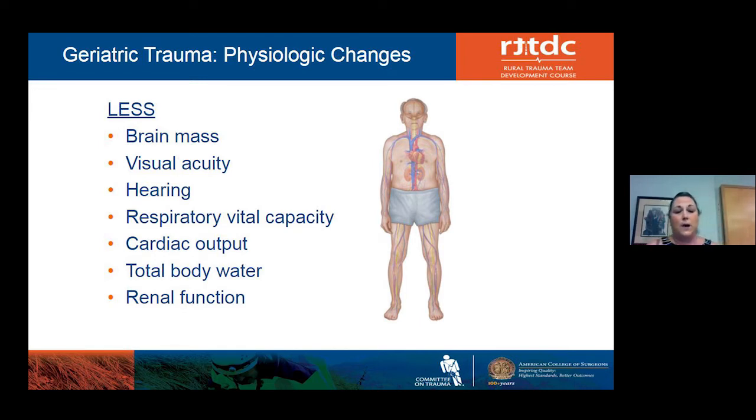Their total body water, when we look at it, up until about the age of 75 to 80, we're looking at a total body water of about 60 to 65%. And as we get older, our total body water is going to decrease to about 50%. As with all of our other functions, our renal function is going to start to decrease.